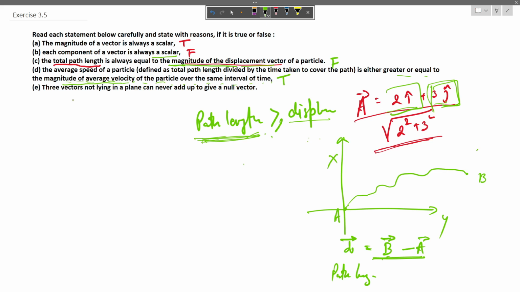Now in the fifth option we have: three vectors not lying in a plane can never add up to give a null vector. From the vector law of addition, let's assume that there are two vectors, vector A and vector B. When we add these two vectors, we will assume that vector B is here, and R is going to be the resultant vector.